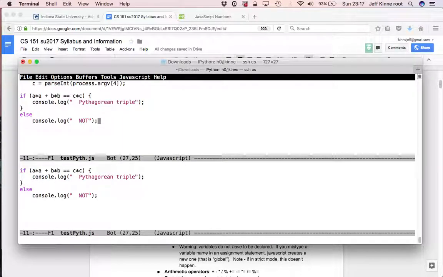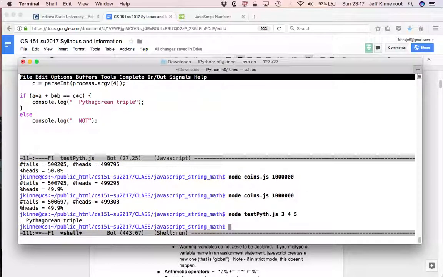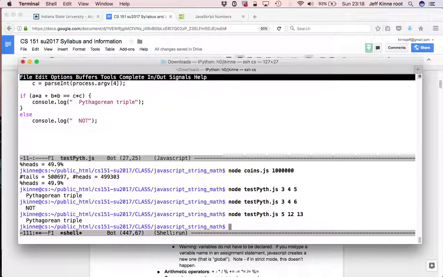Let's test it out. That says that that is. That's not. If you happen to know any others, let's see, 5, 12, 13 is as well. Those are the ones you would remember, those two, 3, 4, 5, and 5, 12, 13.